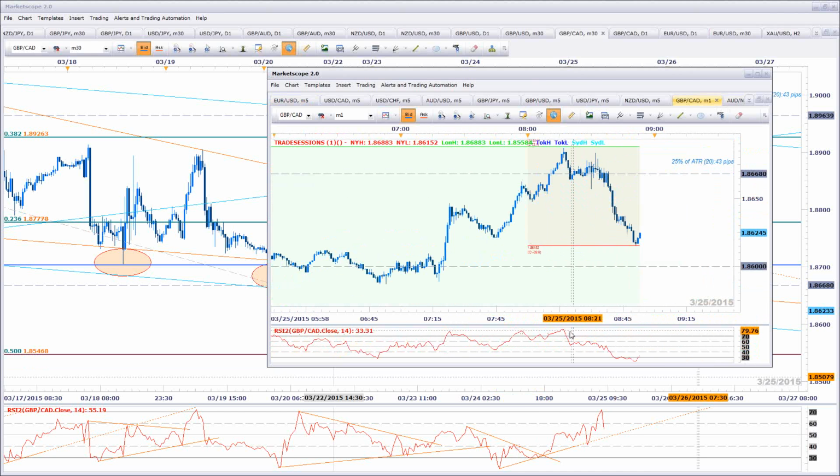Let's look at Sterling CAD. Didn't really get a major trigger as far as divergence is concerned. I don't like taking trigger breaks above 70. I know some of you who have been following this one may have been looking at something like this, but it's not the most compelling. Remember, something can stay above 70 for an indefinite time period. I don't even like divergence above 70, guys. It doesn't mean much to me.